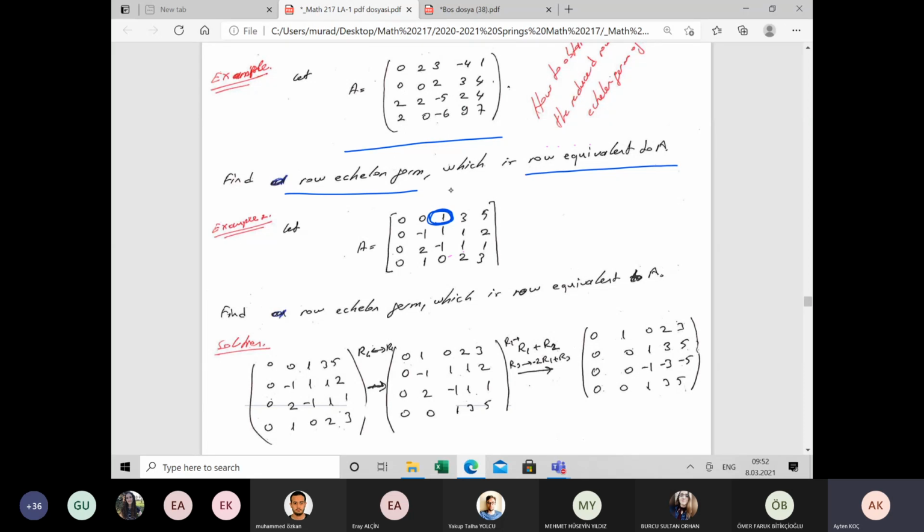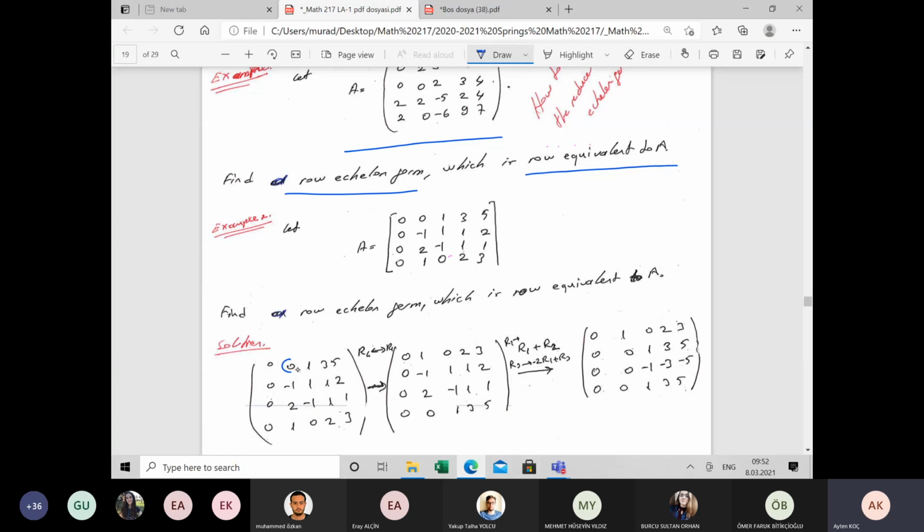But this one is a leading entry, and this one is a leading entry, but they do not satisfy this condition. So now our aim is to get the leading one here. And how to get the leading entry here?